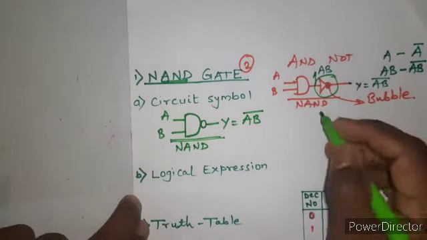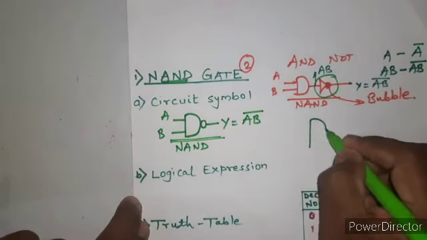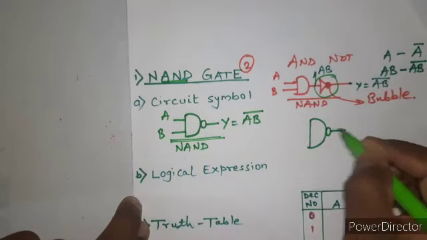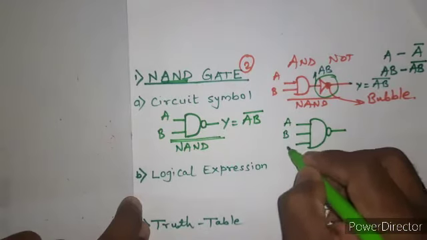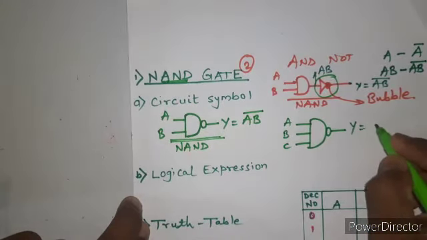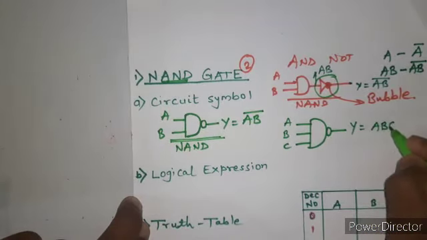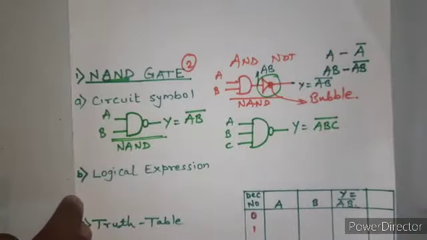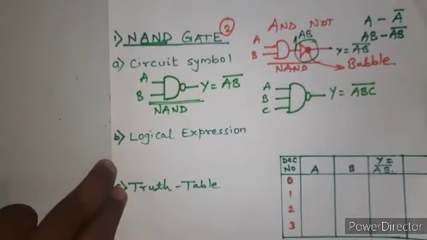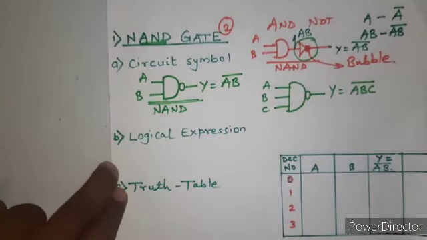Right, so if it is 3 input, then simply ABC. So this is A, this is B, this is C, and we can write Y is equal to ABC whole bar. Okay, I hope this is understood.